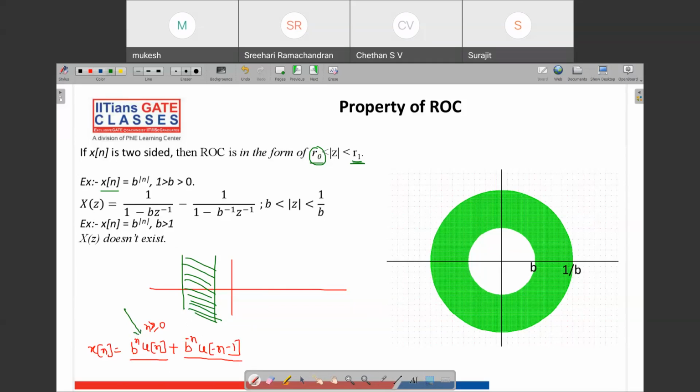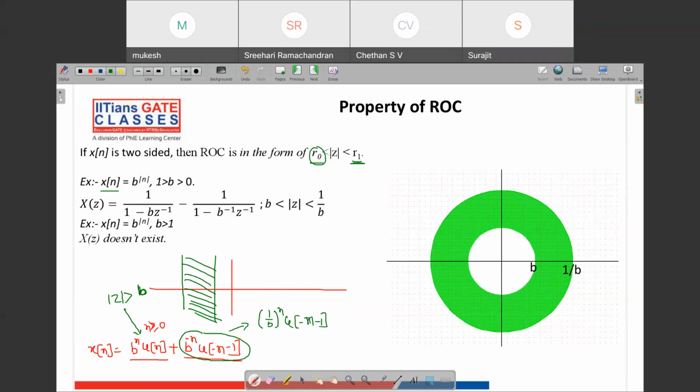For the first signal, ROC will be mod of z greater than b, right? The second signal you can also write as (1/b) to the power n u[-n-1].